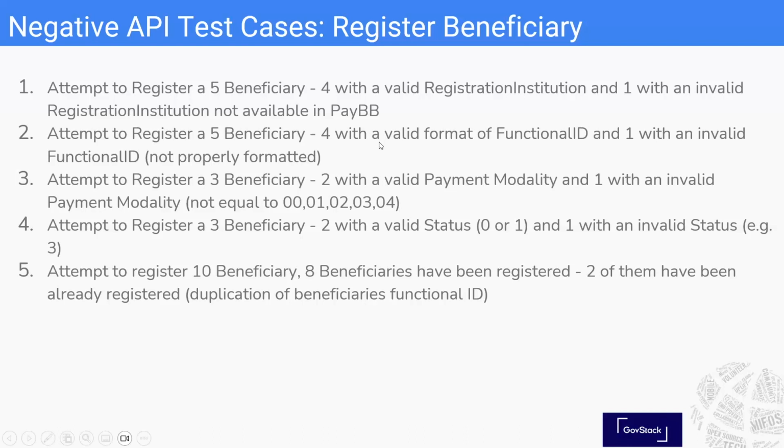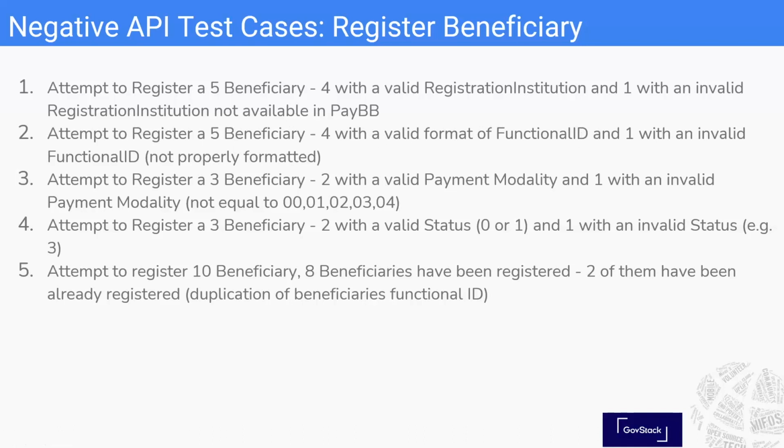Similarly, we could have 5 beneficiaries and 4 would have a valid format of functional ID and 1 would have an invalid one. Then again, the 1 with the invalid one would be rejected. It could also be that 4 have unique functional IDs, and 1 may have a functional ID that could have been a duplicate. So there are various ways through which this functionality could be tested.